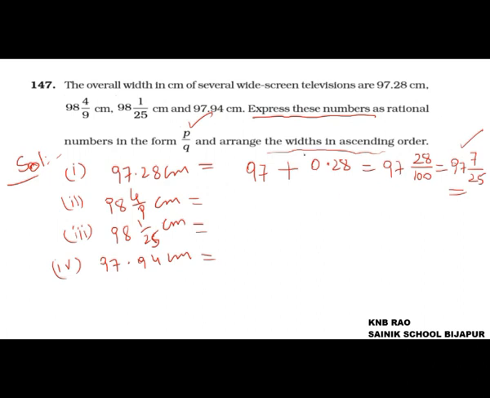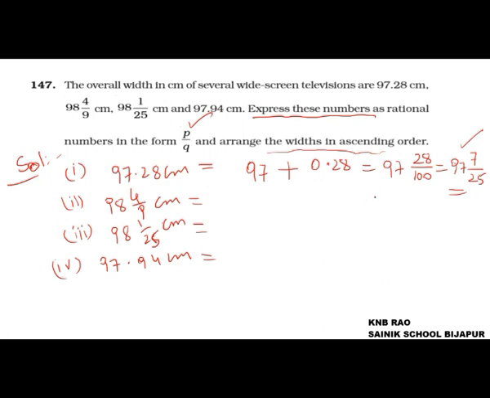Now, obviously, when you want that in p by q form alone, you can write it by multiplying 97 by 25 and adding 7, which gives the numerator, and the denominator is obviously 25.